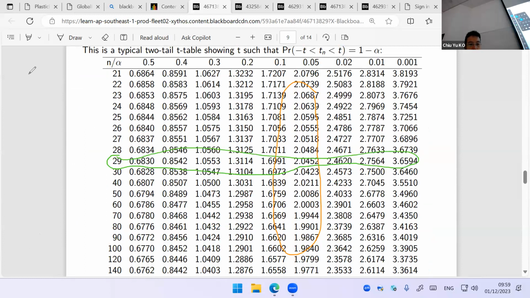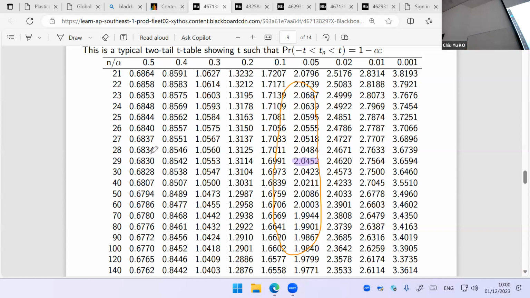And then what we have is this guy, it should be the highlighted one. 29 here. So the answer you would be seeing, look at this column and this number, 2.04.